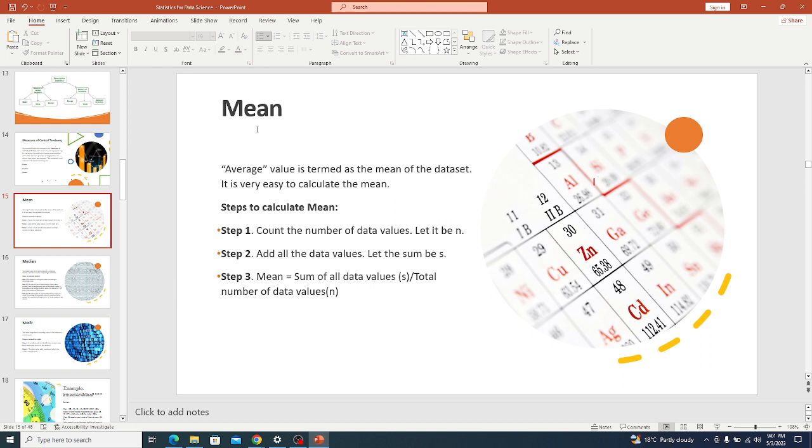It's very simple. I think the mean cannot be used in nominal data, in categorical data. Okay, it's a good point, but that's not the point I want.